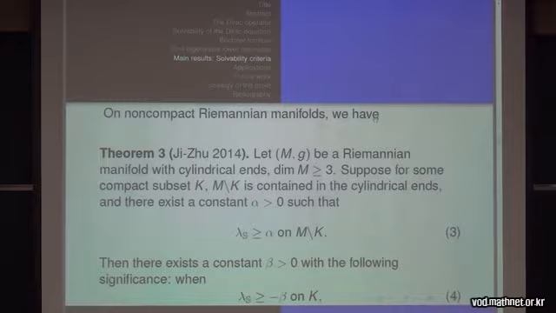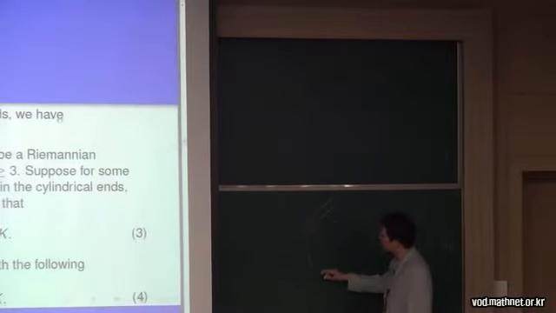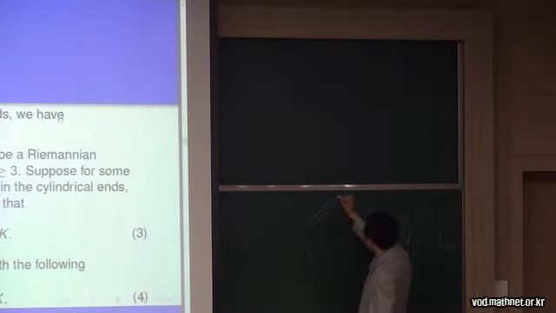Let (M, g) be a Riemannian manifold with cylindrical ends. Riemannian manifold with cylindrical ends means that there is a manifold, and outside a compact subset, it looks like a cylinder. It has a cylindrical Riemannian metric.